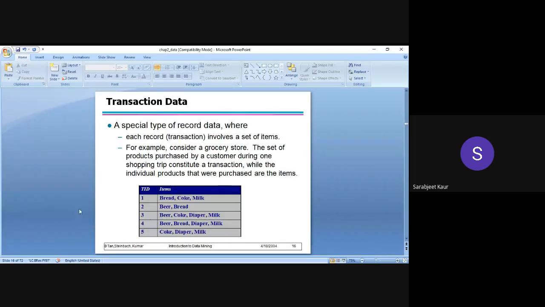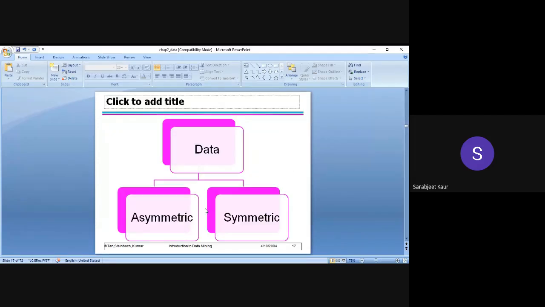Okay, so in transaction data, you can see that every row generally depicts one transaction. So one shopping trip of a customer to a particular shop is one transaction. Okay, so this is again a row column kind of data, so it is a record data.